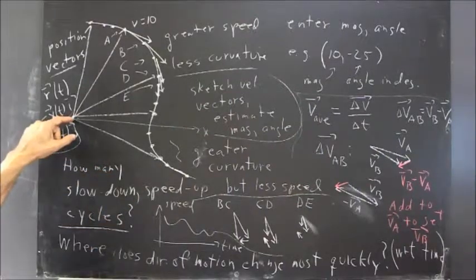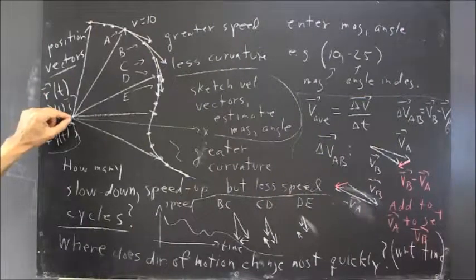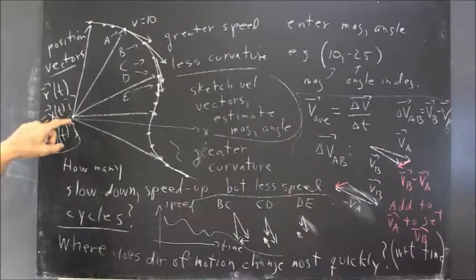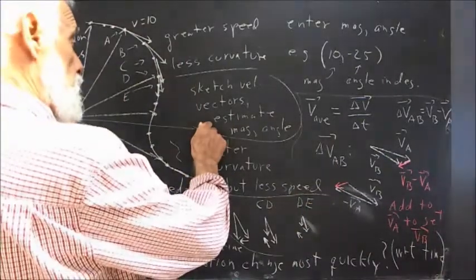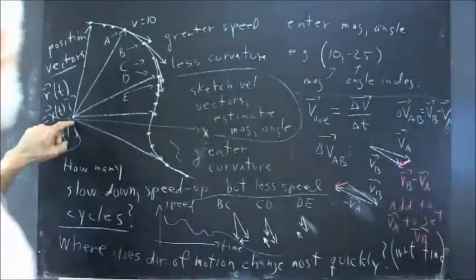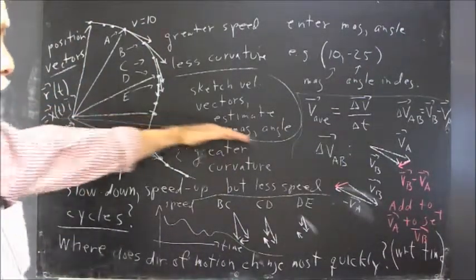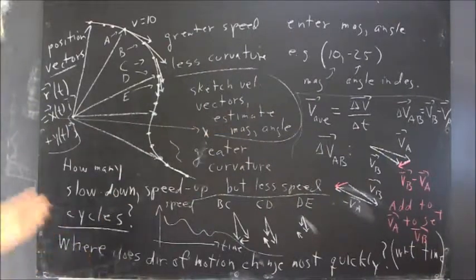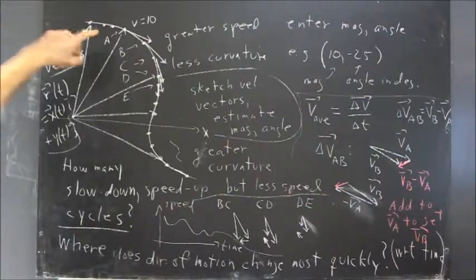These vectors all originate from some common point, which might well be the origin of our coordinate system or the pole of a polar coordinate system. We have an x-axis here, and we could have a y-axis. I haven't drawn it.